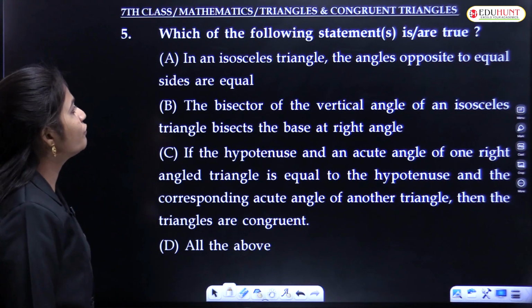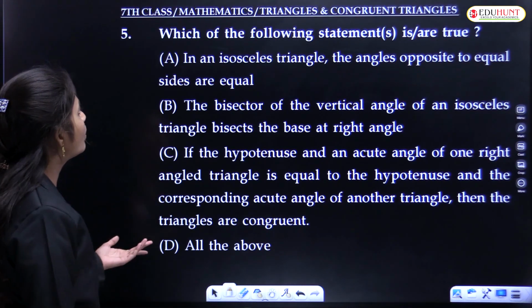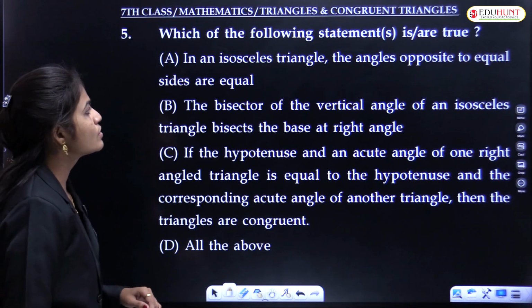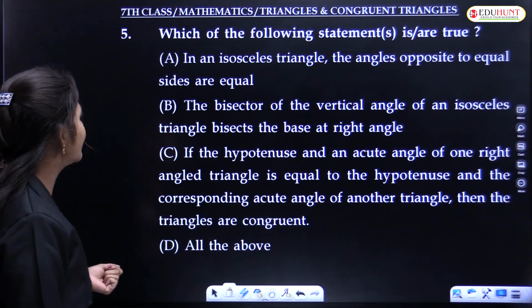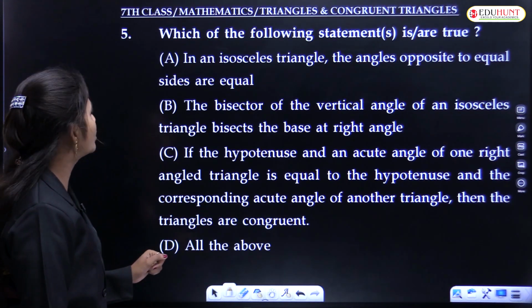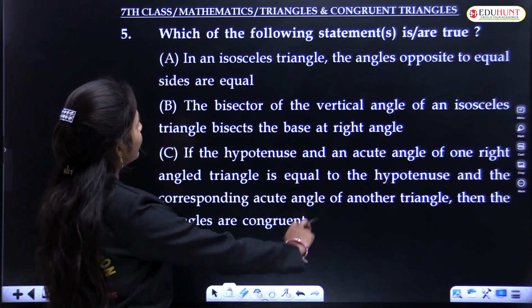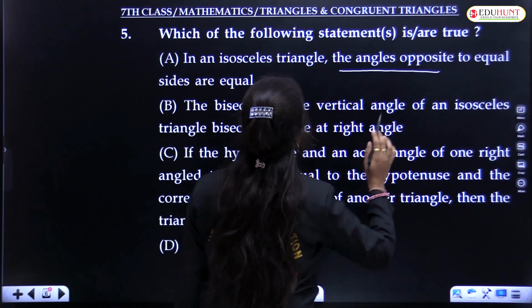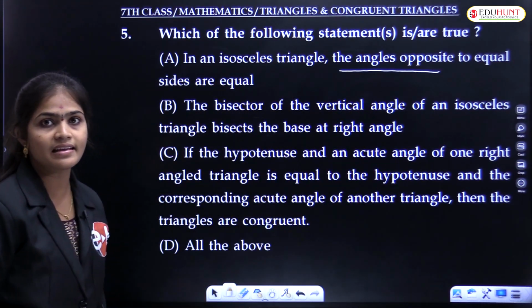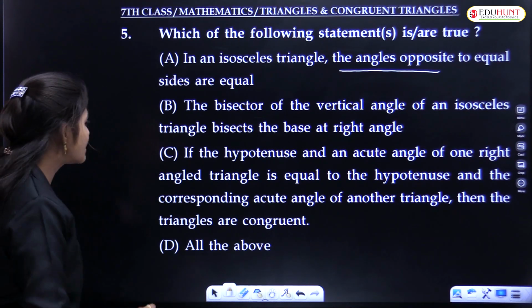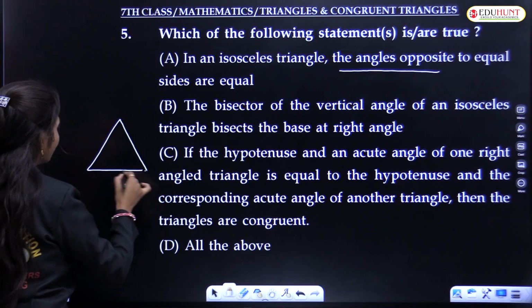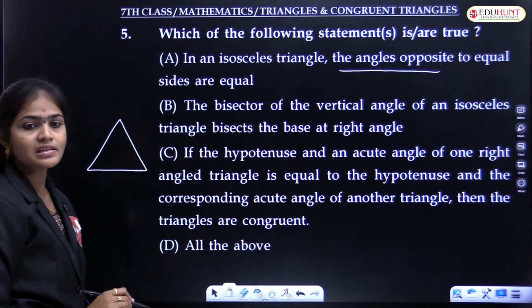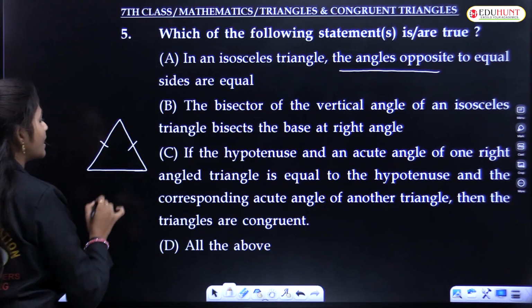Next, which of the following statements is or are true? Is or are means they are asking whether there can be multiple correct answers. Let us say the first option: in an isosceles triangle the angles opposite to equal sides are equal. What are they saying? In an isosceles triangle, any two sides of the triangle are equal.